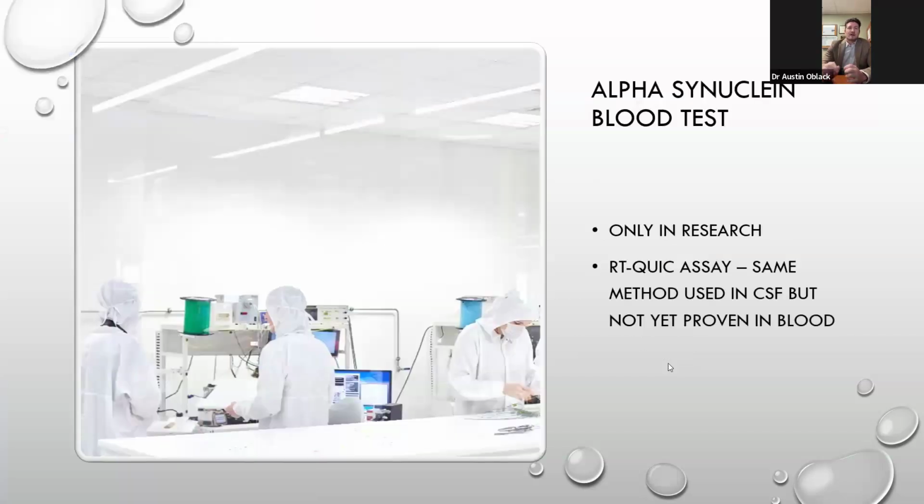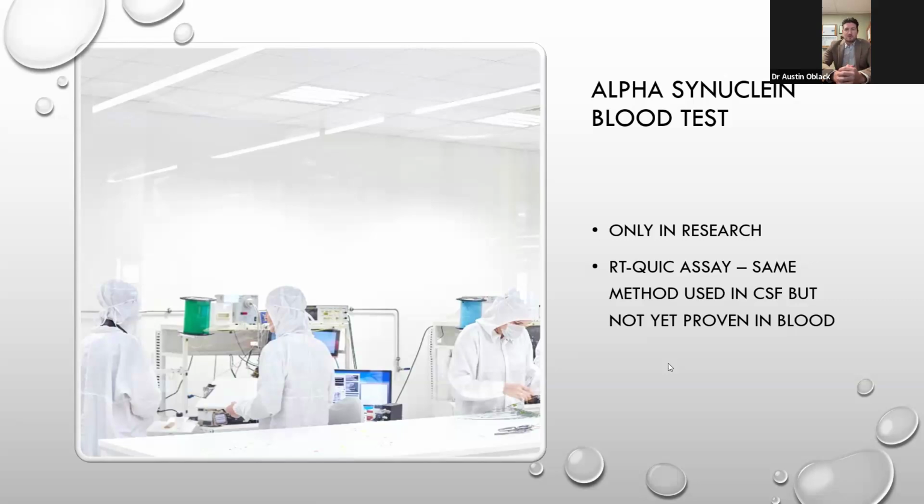I mention this test separately because as of right now, this is the third type of alpha-synuclein test that is technically available. Right now, it's in the research stages, and so this isn't commercially available for a provider to order for patients.